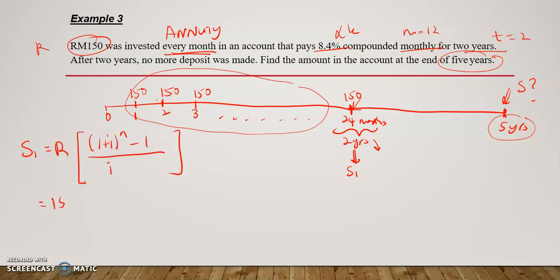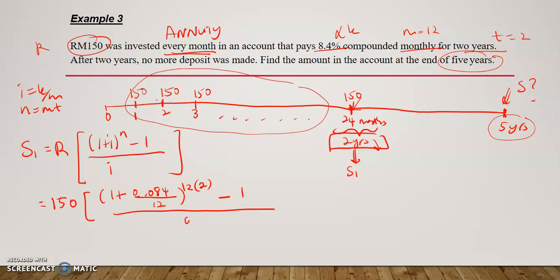R is 150. 1 plus I, so I is K over M, 0.084 over M, where M is 12, power of N equals to MT, so 12 times, the S1 is only until 2 years, so T is 2, minus 1, over 0.084 divided by 12.